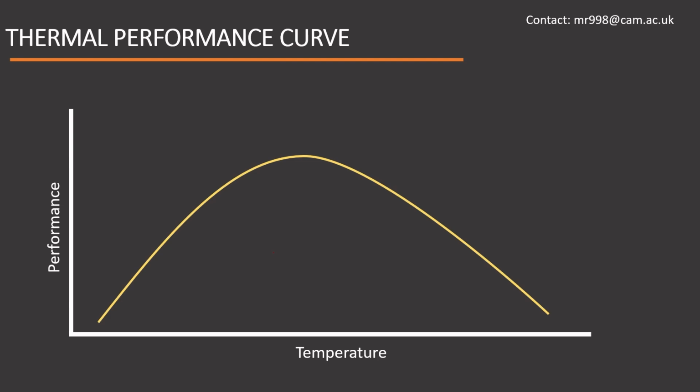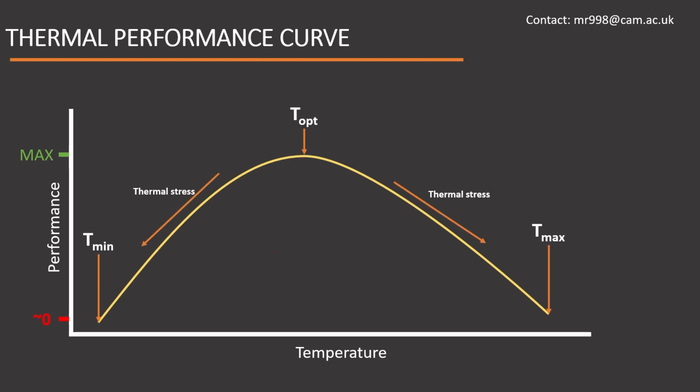We can characterize this curve by a few points. One is the thermal optimum, the temperature at which the performance is maximized. We have the thermal minimum and the thermal maximum, the two temperatures at which the performance is zero. And what you can basically understand is that while we move along this curve, the individual is suffering an increase in thermal stress.